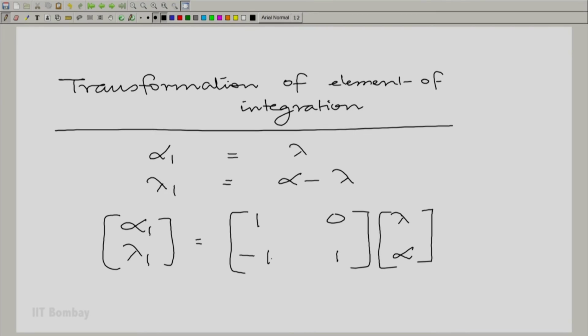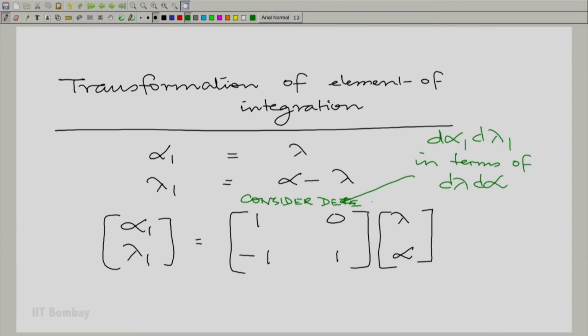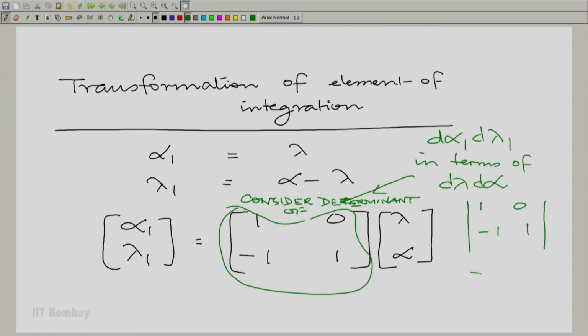Now, when we want to transform the element of integration d alpha 1 d lambda 1 and express it in terms of d lambda d alpha, what we need to do is to consider the determinant of this matrix. That determinant is very easy. That determinant is in fact equal to 1 in magnitude.